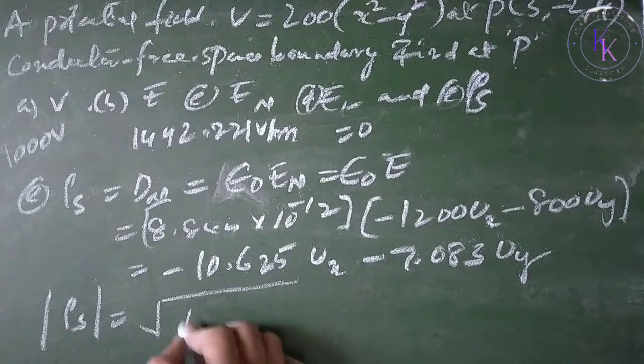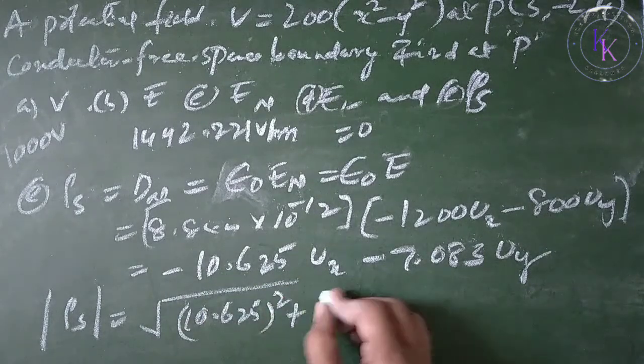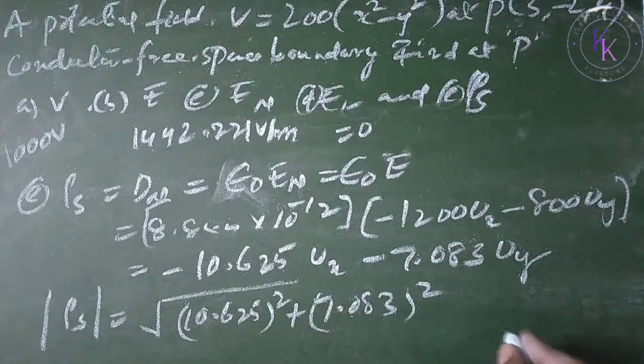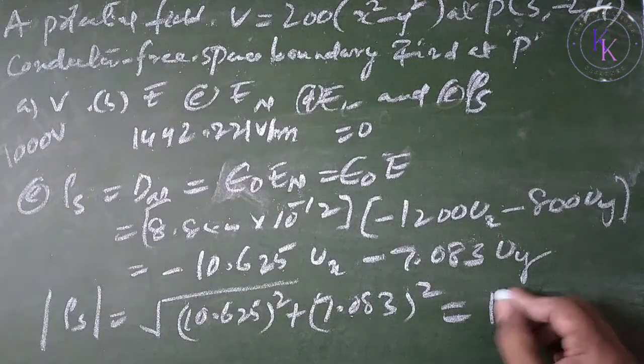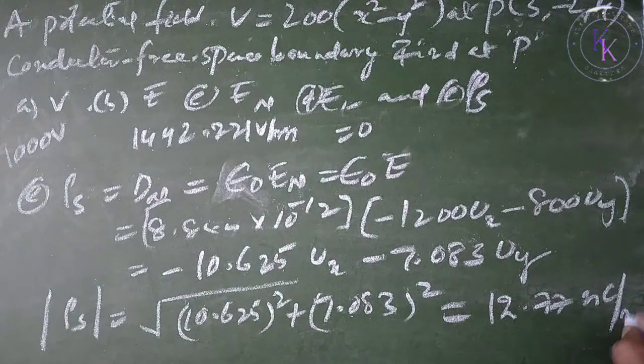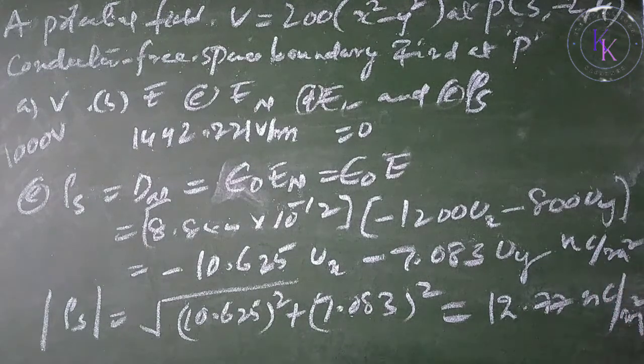The magnitude is the square root of 10.625 whole square plus 7.083 whole square, which equals 12.77 nanocoulombs per meter square. This is also in nanocoulombs per meter square.